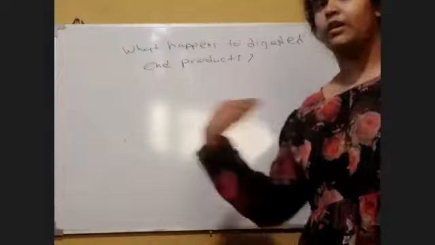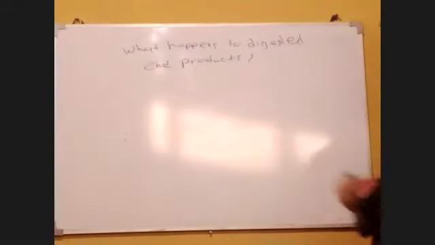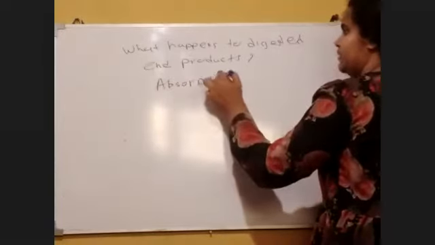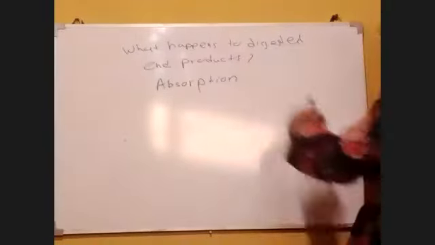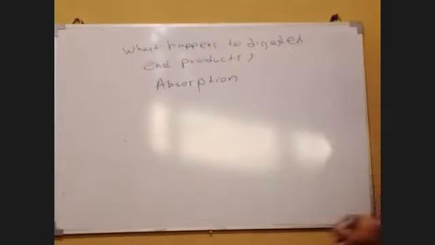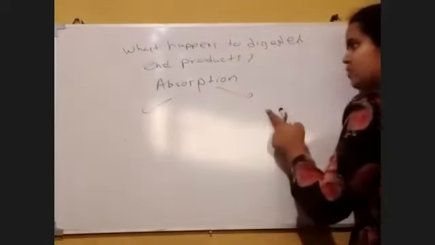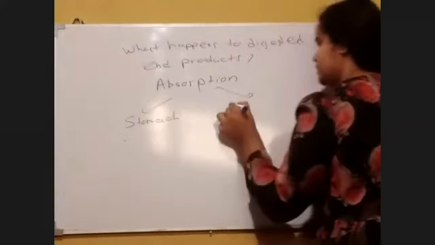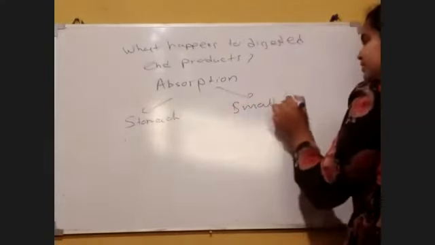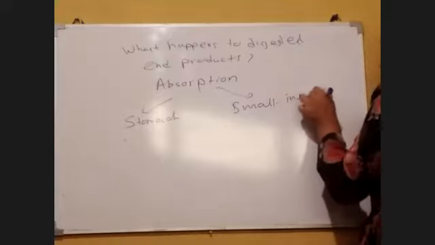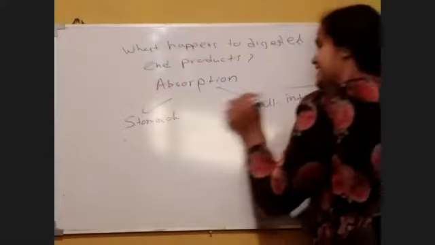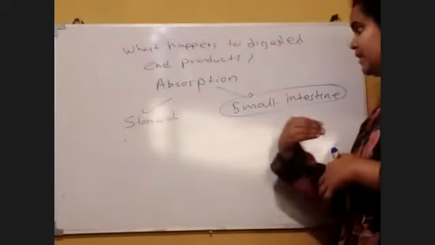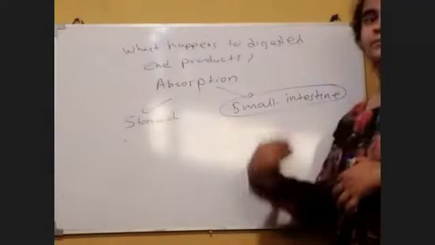So absorption takes place in two organs, the stomach and the small intestine. Out of these two, the small intestine is the major organ that performs the function of absorption.